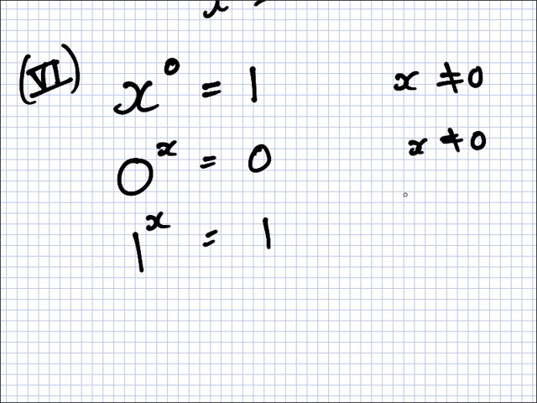And any other ones we need to know? Okay. What is this one? 1. According to which? The first one? Power 0 equals 1. But what about this rule that says 0 to power 0? What do you think?